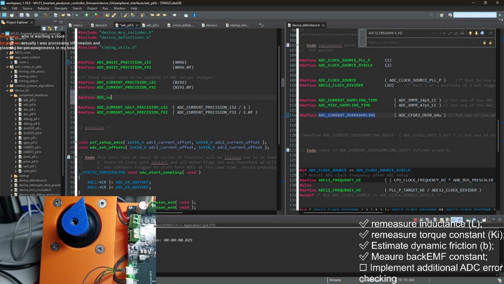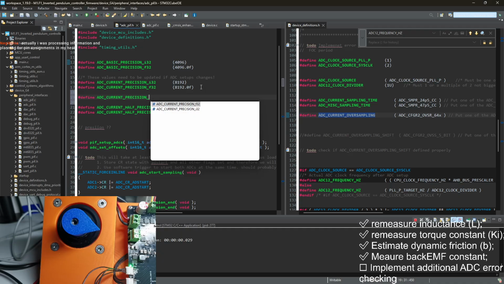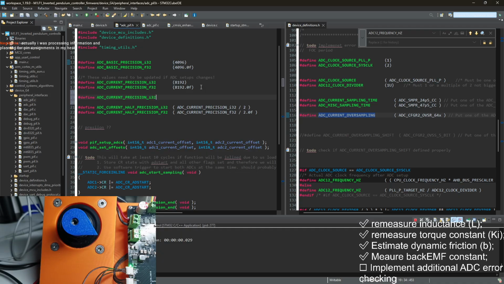ADC current precision, is precision the right word? Bit count. Okay, it will be precision for now. I'm not sure if this is the correct way to call it, but whatever. So how do we calculate it?